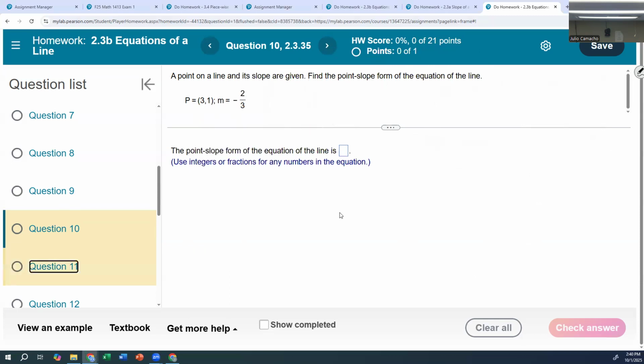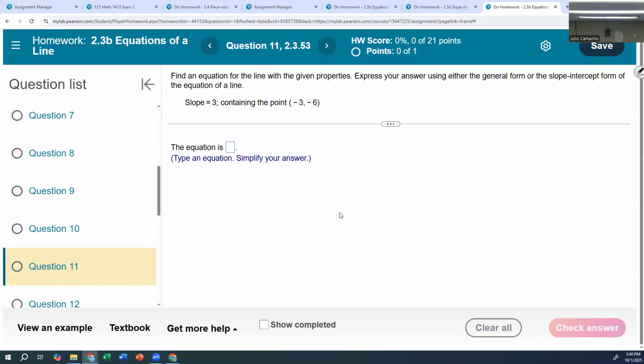Number 11. Again, they want you to find the equation of the line. Express your answer using the slope-intercept form of the equation. We start with the same formula, y minus y1 is equal to m times x minus x1.